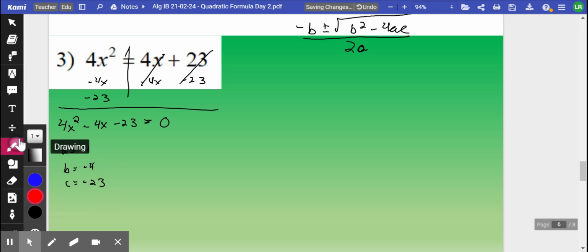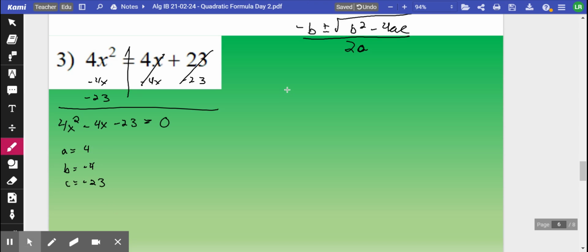Let's plug them in. So negative b, so negative of negative 4, plus or minus the square root of b squared, so negative 4 squared, minus 4 times a, which is 4, times c, which is negative 23. And this is all over 2a, so all over 2 times 4.